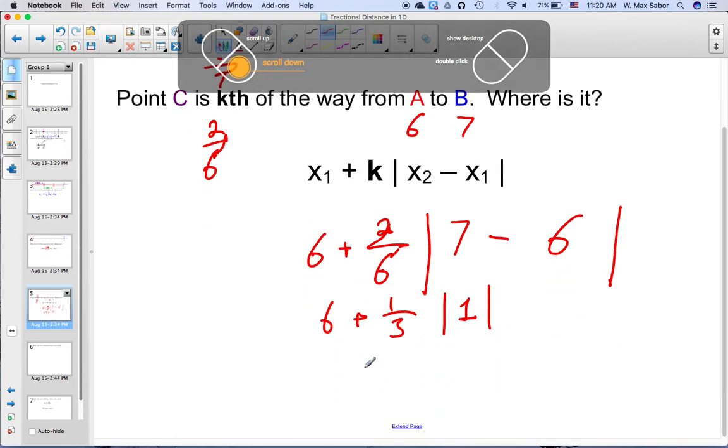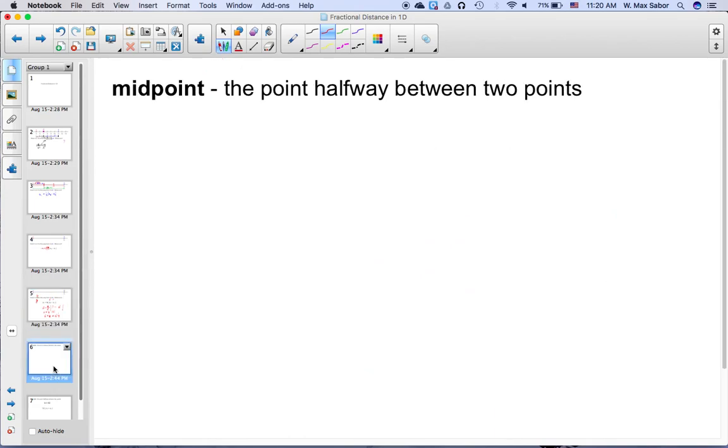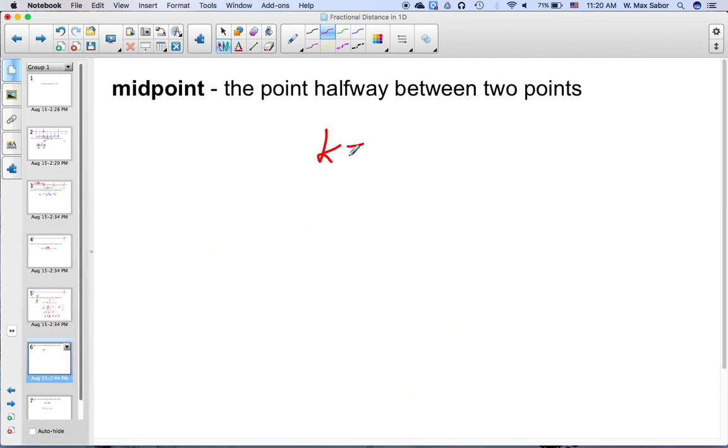So this is 6 plus 1/3, which is 6 1/3. And that makes sense. The midpoint is halfway between those 2 points. And we're going to talk about that being halfway is when this k is 1/2.